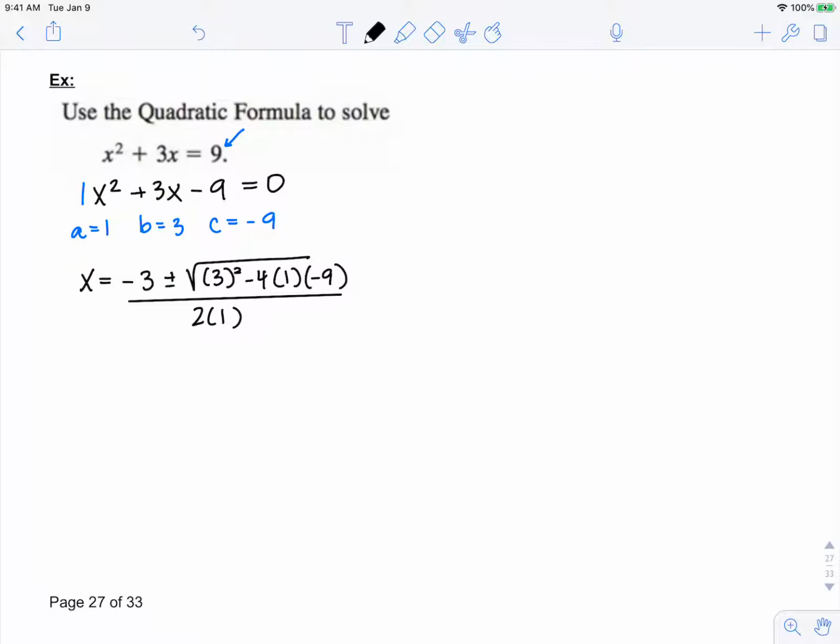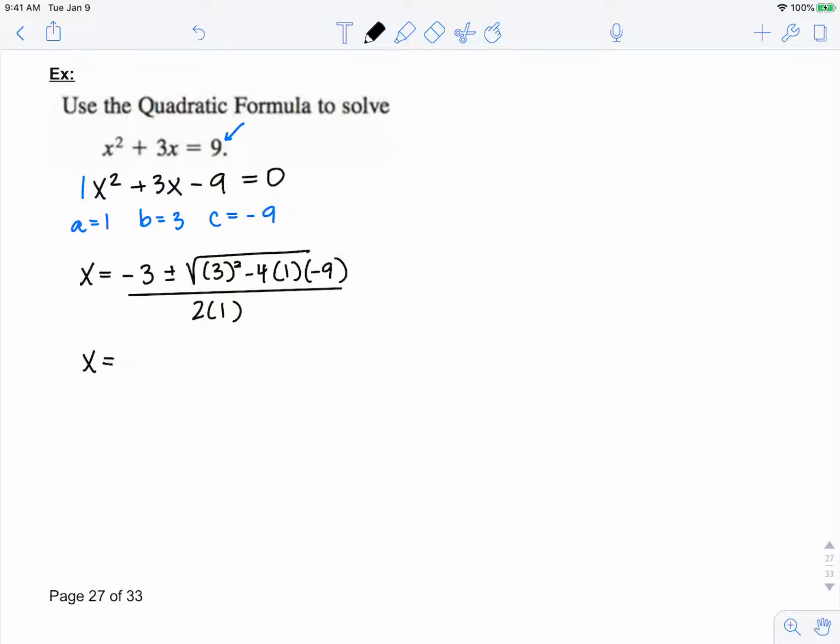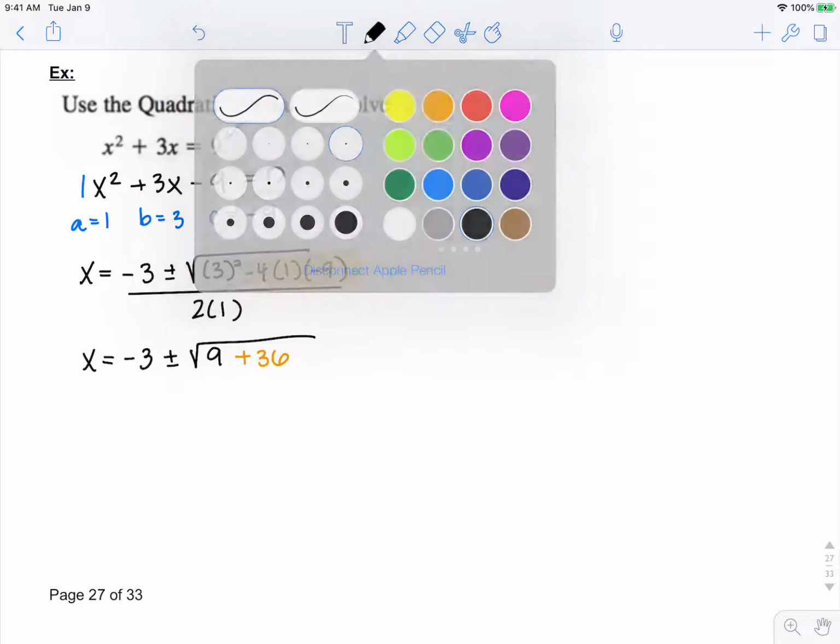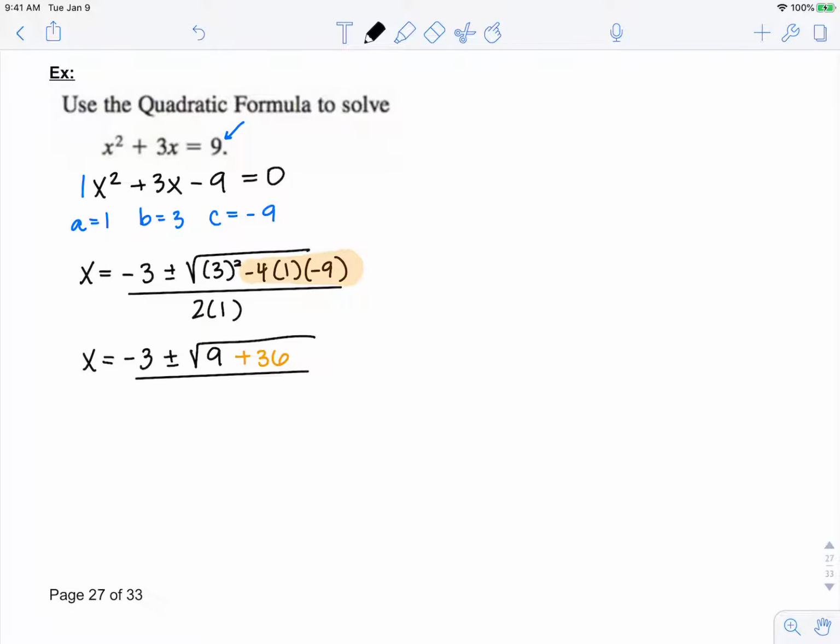Now that we've plugged it in, we just need to simplify. x equals negative 3 plus or minus the square root. 3 squared is 9, and if I multiply these three, negative 4 times 1 times negative 9 is plus 36, all over 2 times 1, which is 2.